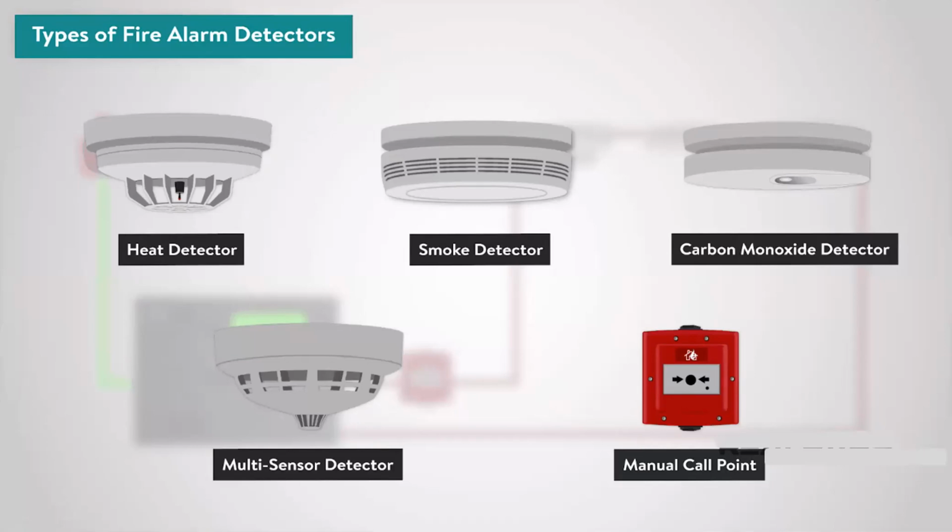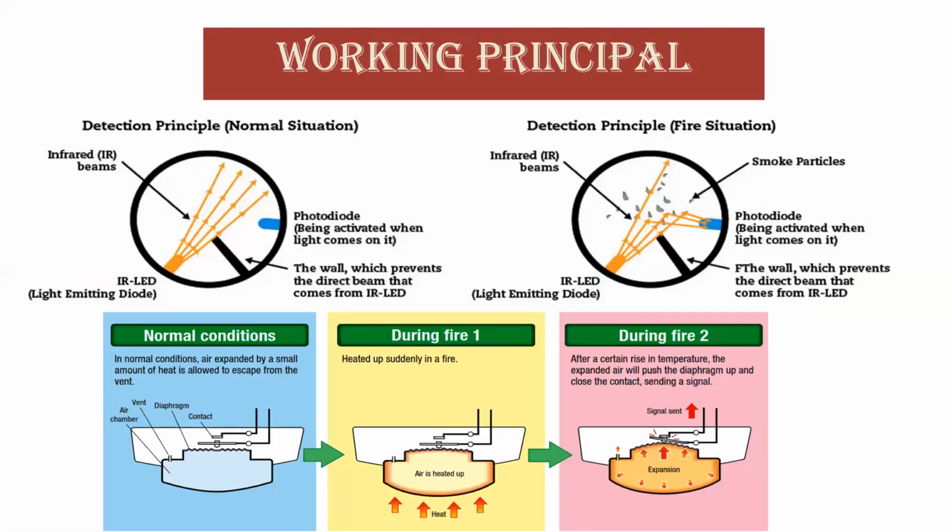And this is the working principle of our alarm system. This is the detection principle in a normal situation. An infrared LED, a light emitting diode, passes IR beams from the sensor, and a photodiode is activated when light comes on it.